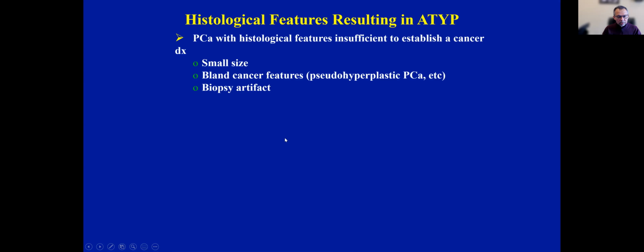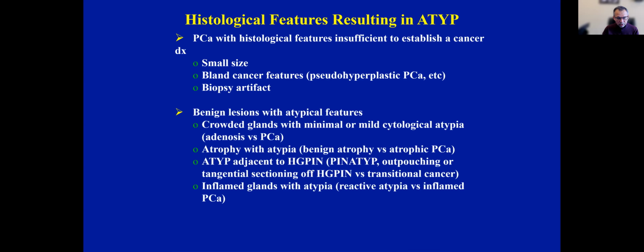And I will skip this particular slide, but I think I showed you that this particular diagnosis can result from a variety of situations where you may have histological features insufficient to establish a cancer diagnosis due to small size, bland cancer features, biopsy artifacts.